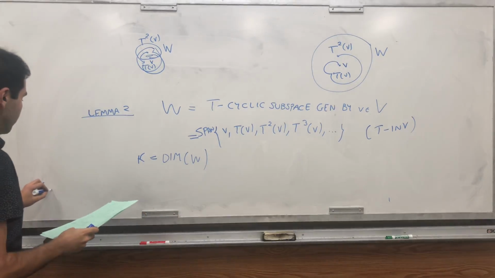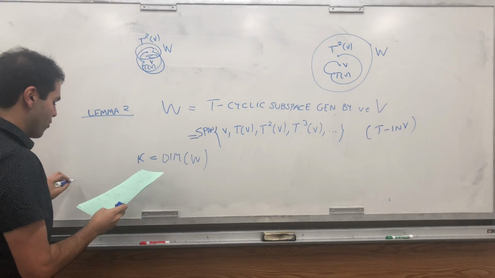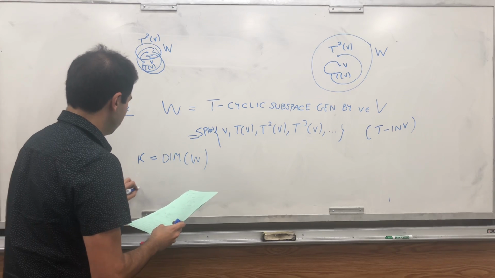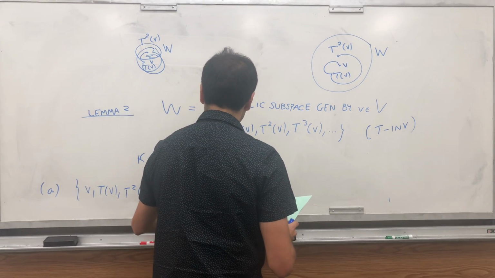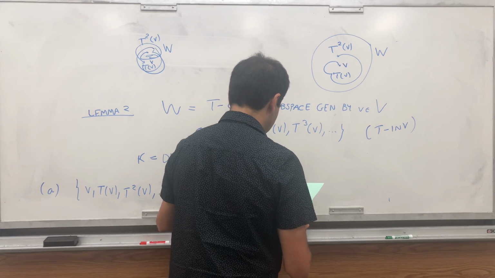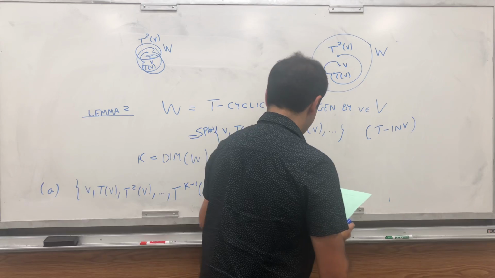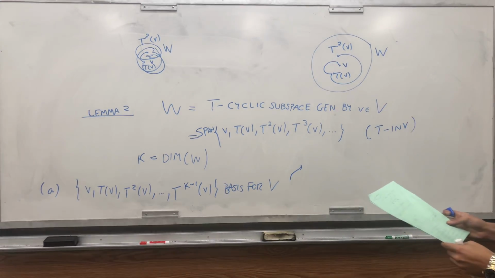Then the cool thing is there's a very easy way to find a basis for W. Namely, just take v, T of v, T squared of v, until you have K vectors, up to T^(K-1) of v. That's a basis for W. And let me again just hand-wavy show you why this is true.